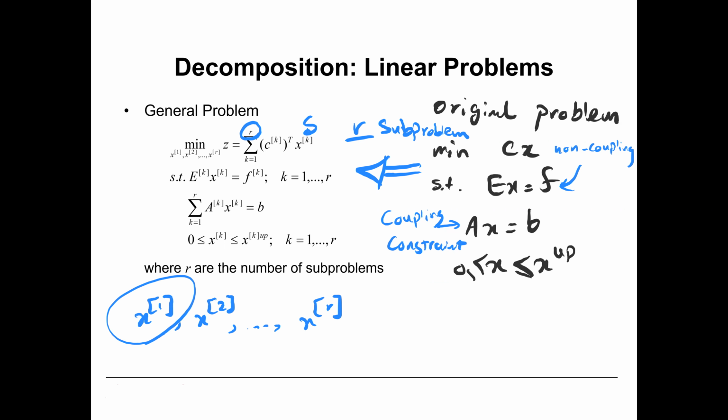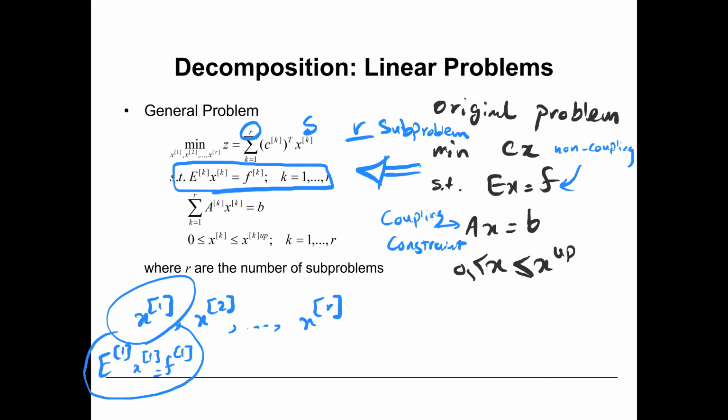We also mentioned that each subproblem has been assigned a set of non-coupling constraints, which means that constraint only refer to this specific subproblem. And for the last one, we have ER XR is equal to FR. Now we are going to see how we can solve this using linear decomposition algorithm.